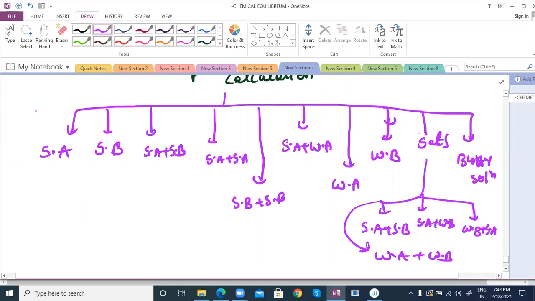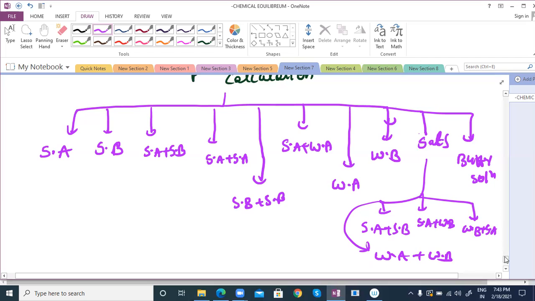A means acid, B means base. W indicates weak.